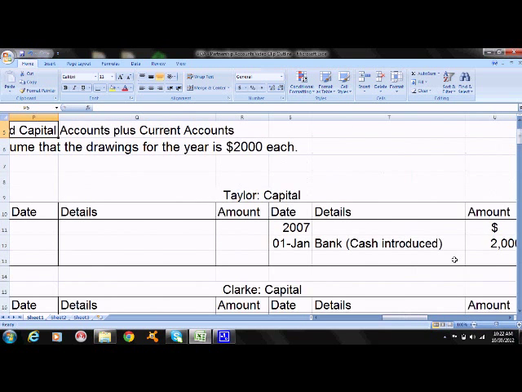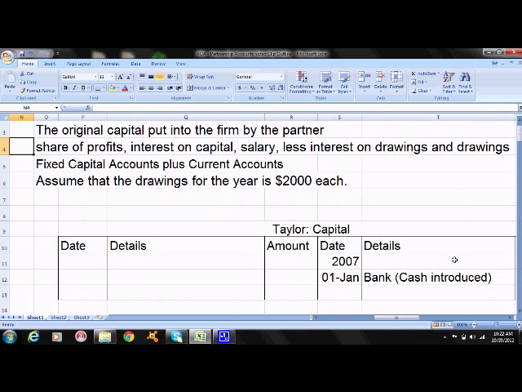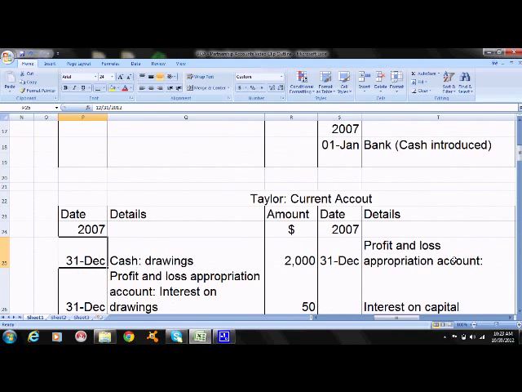We assume that $2,000 drawings for each partner for the year. So that 2,000 comes here. We enter it at the last date of the period of recording for the partners' accounts. So it is $2,000 cash drawings.